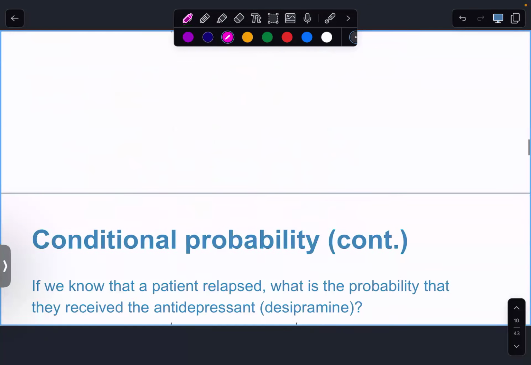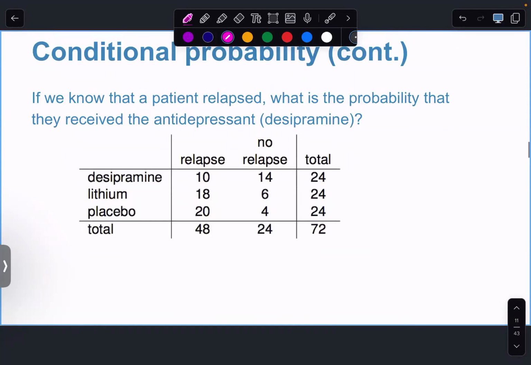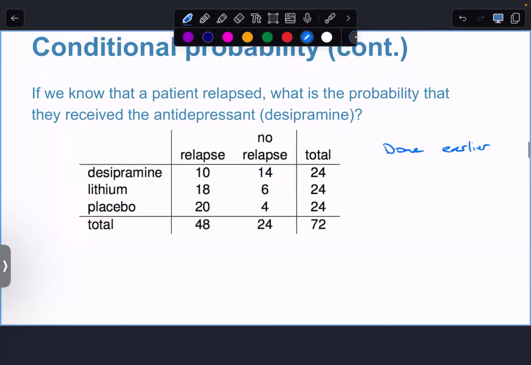Okay, we already did this one. And we already did this one, knowing that they relapsed. I'll just write down above, done earlier. Can do it. If we know that the patient relapsed, why not?